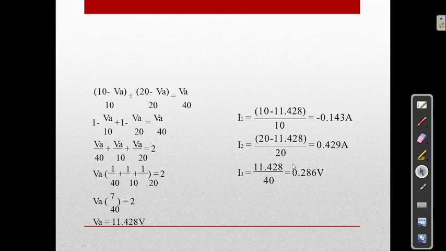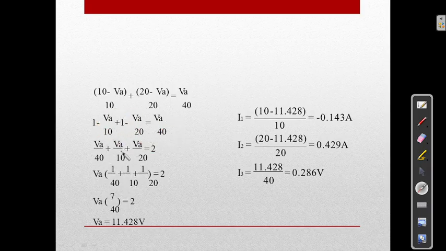Then we write: (10 minus VA) by 10 plus (20 minus VA) by 20, which is equal to VA by 40. So we take the LCM, moving the negative terms to the other side.